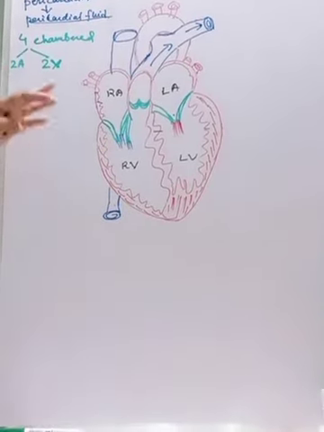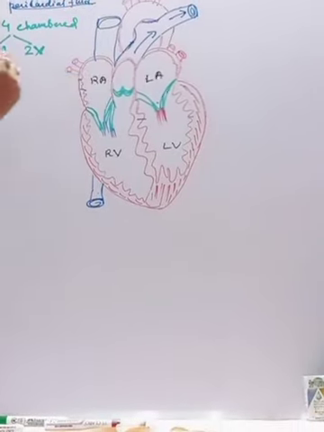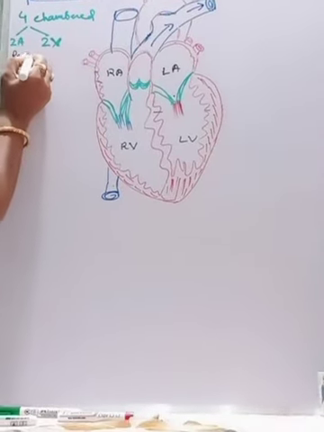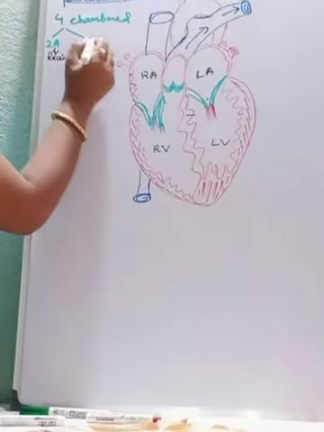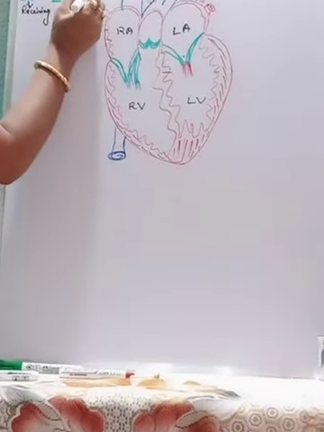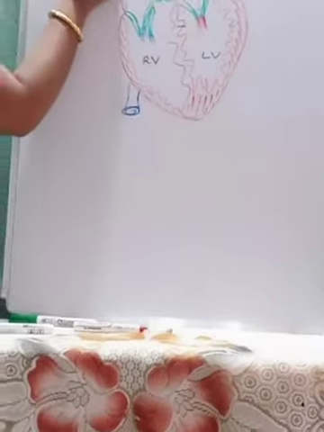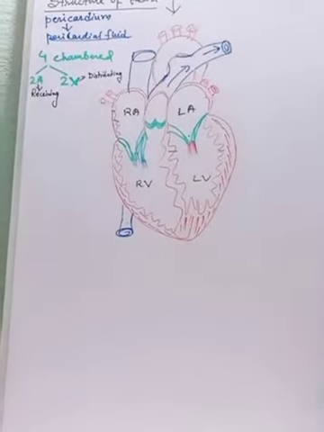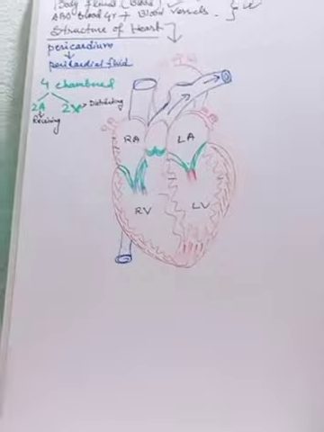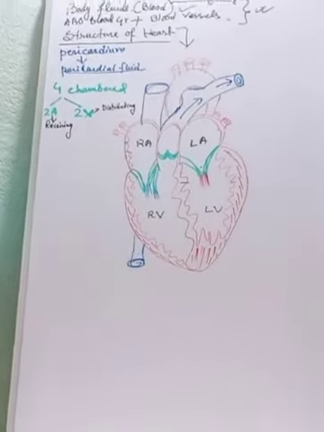Now the auricles are called the receiving chambers, whereas the ventricles are called the distributing chambers. Why are the auricles called receiving chambers, and why are the ventricles called distributing chambers?